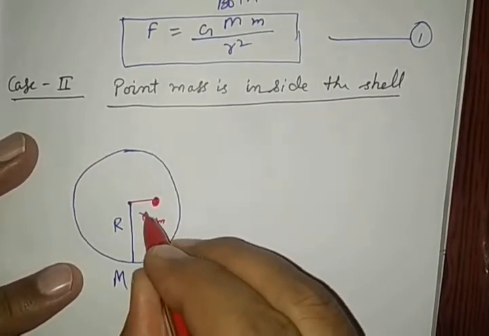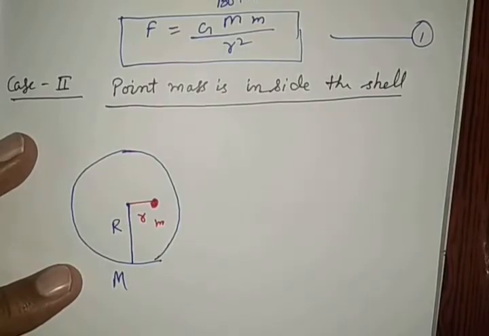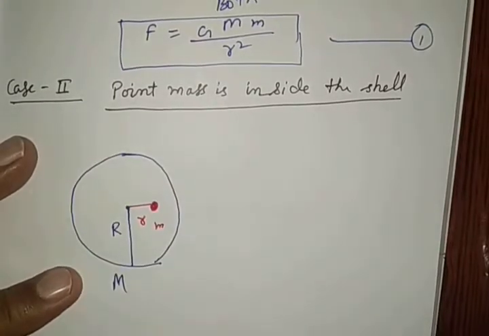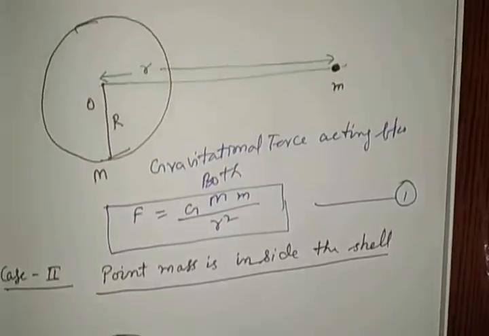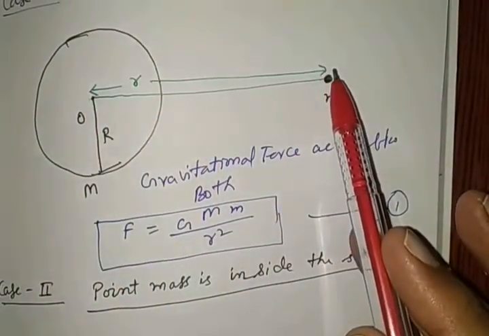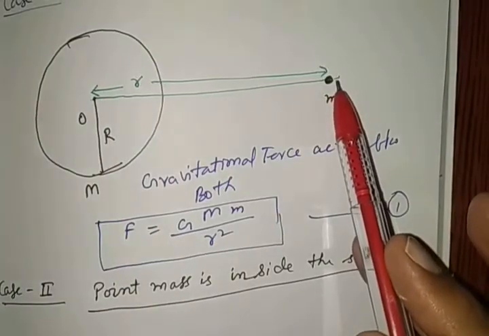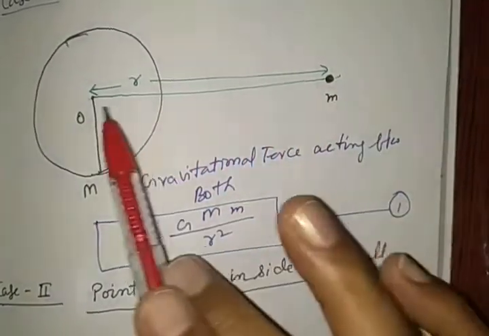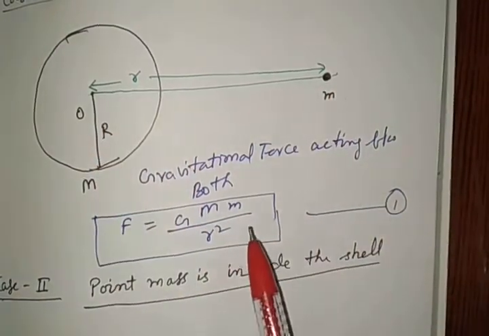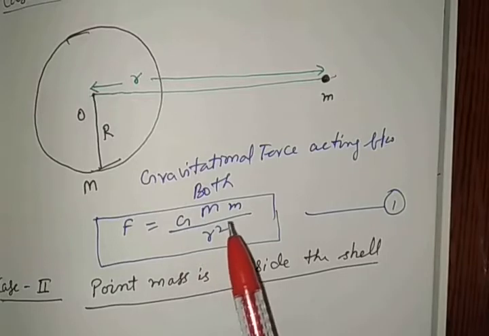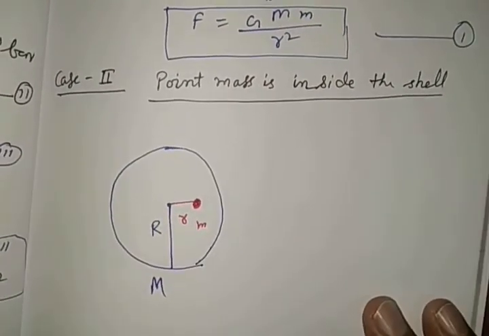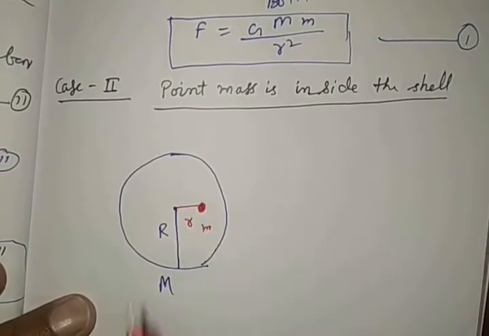Let this distance be represented by small r. If the point mass is inside the cell, the situation is different. When the point mass is outside, the gravitational force acting between both is just the same as two point masses, given by the formula capital G M m by r square. But extra attention is needed when the point mass is inside the cell.